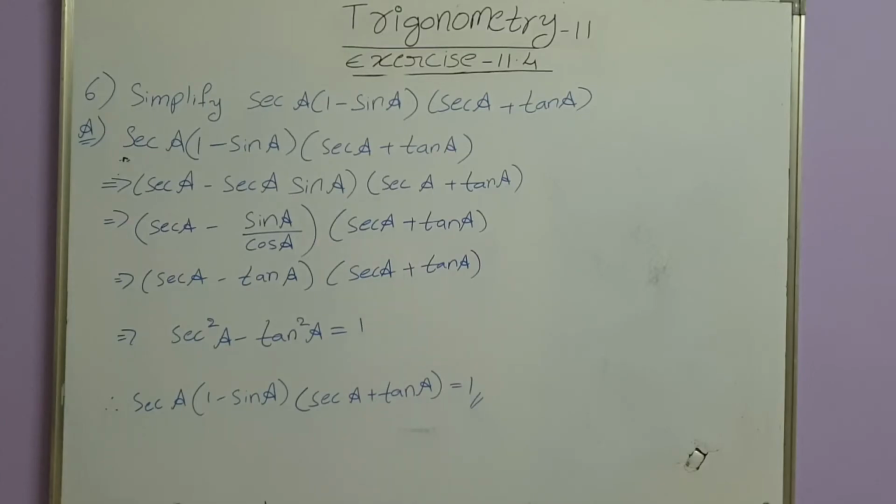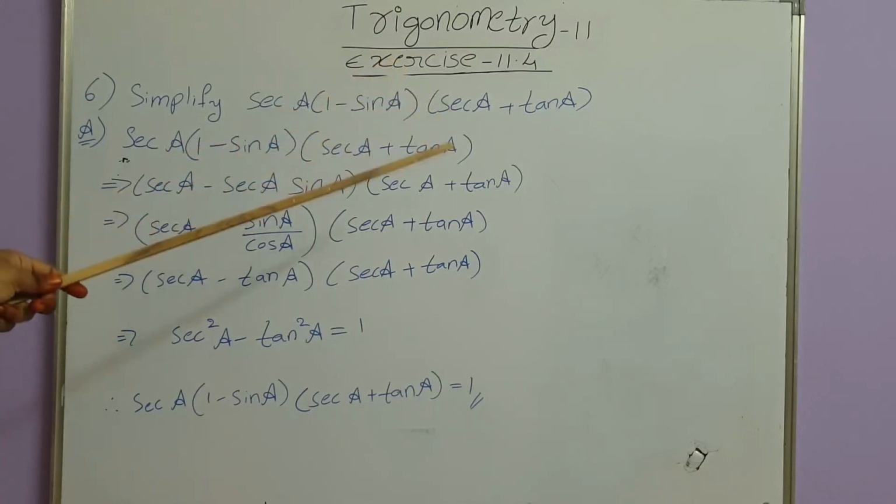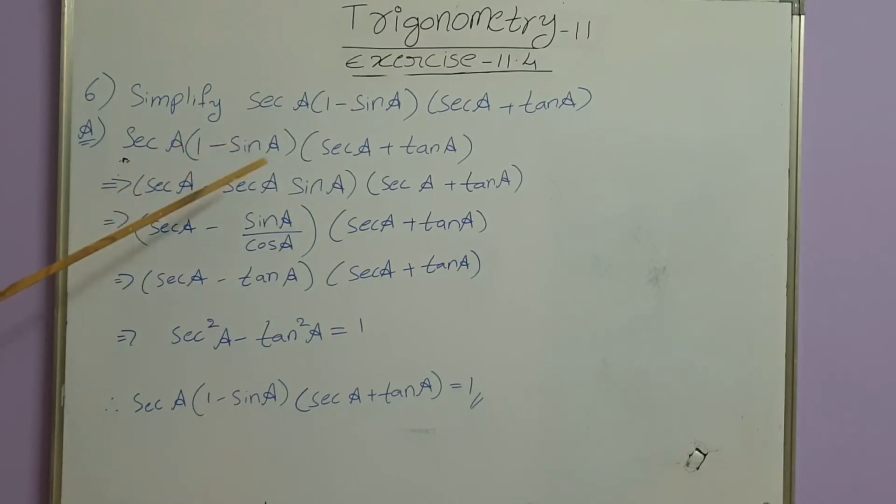Now sixth question. Simplify sec A (1 minus sin A) into (sec A plus tan A).